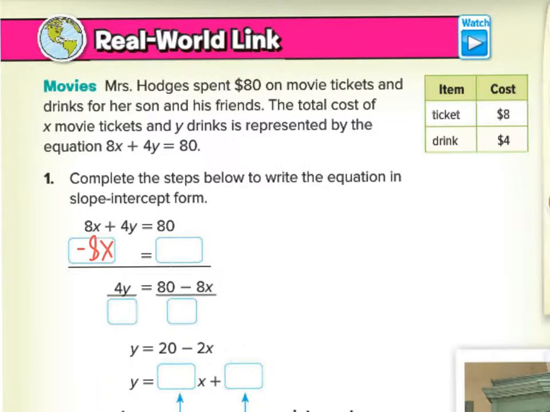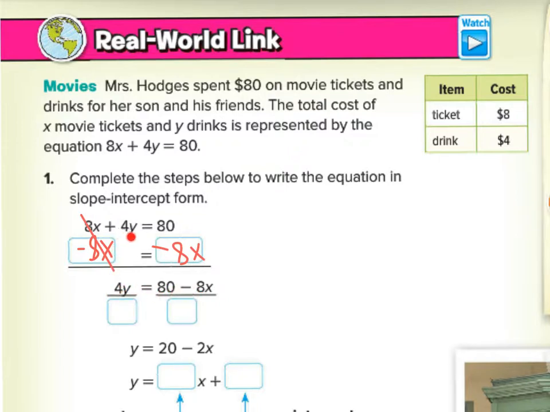And we have to do the same thing to both sides, right? So once I've done that, this is gone on this side, but now it's on the other side, correct? Now we just have 4y equals 80 minus 8x. There it is. Now what do I want to do?